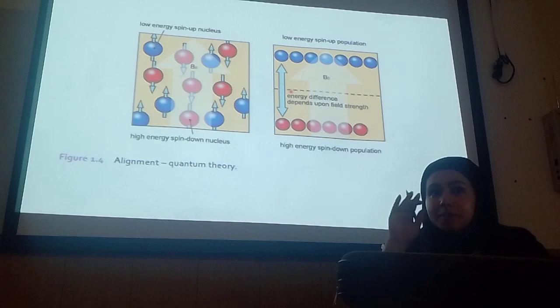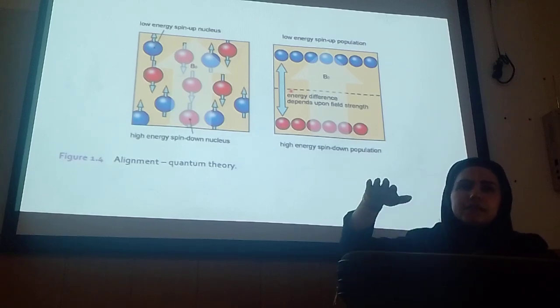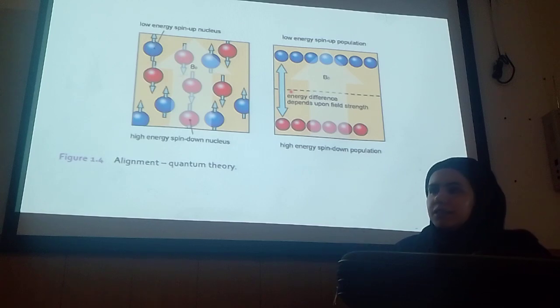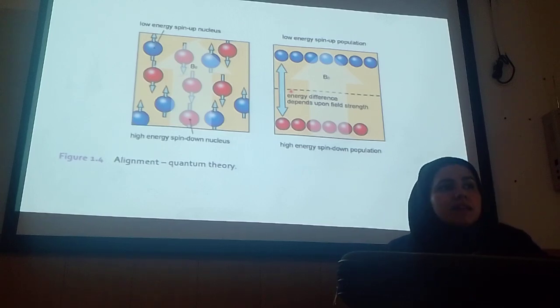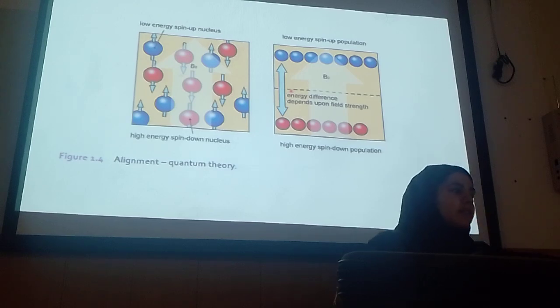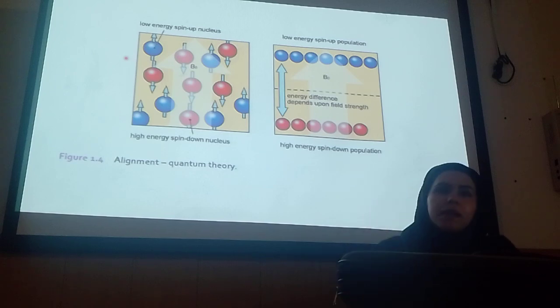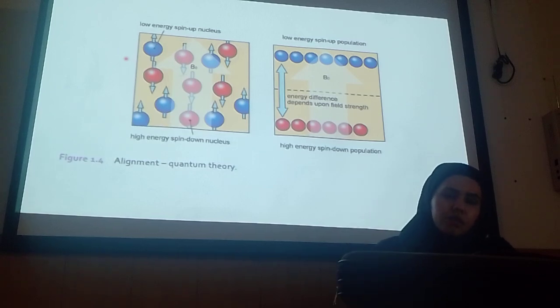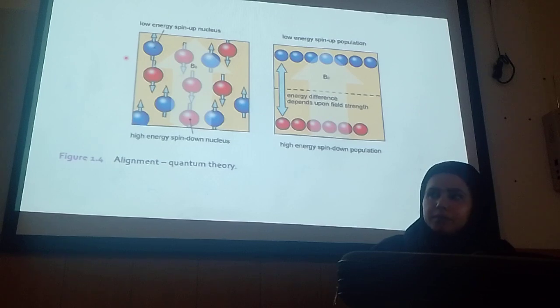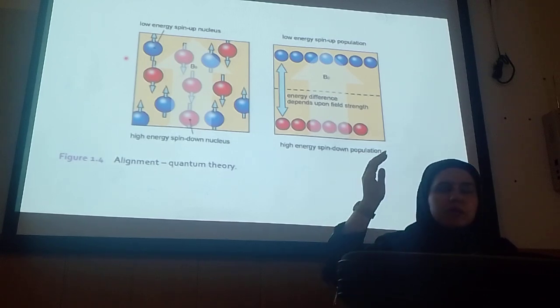In this situation, to produce an oscillating or rotating M, we have to move or rotate M. The produced magnetization is in the direction of Z. But we want to have an oscillating M. This M is constant and can't produce current.